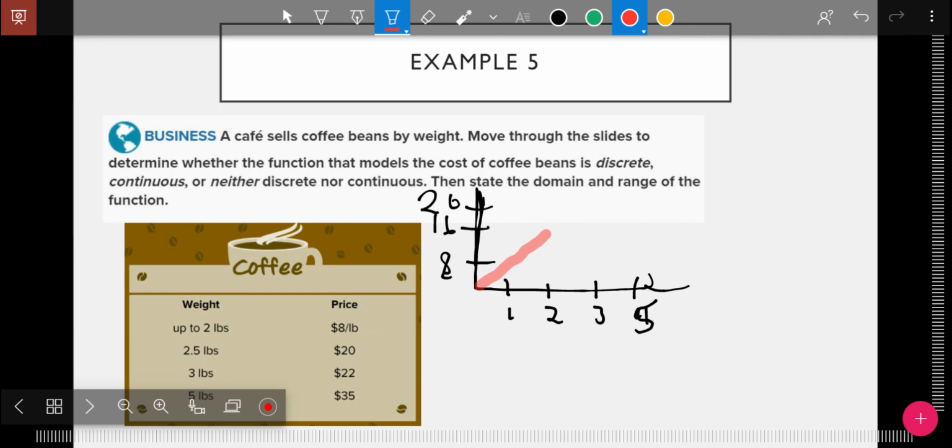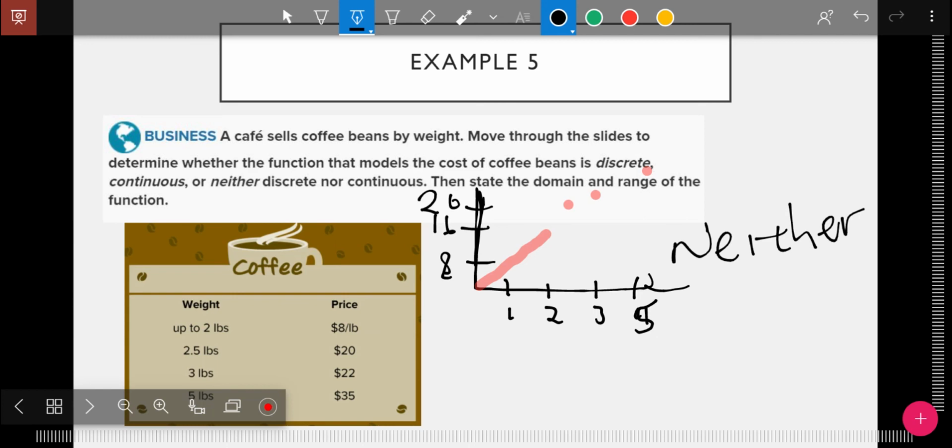You can buy 2.5 for $20, or you can buy 3 for $22, or you can buy 5 for $35. You can get the best deal. And so the beginning part of the graph is continuous. The end part of the graph is discrete, which ultimately means the entire graph is neither.